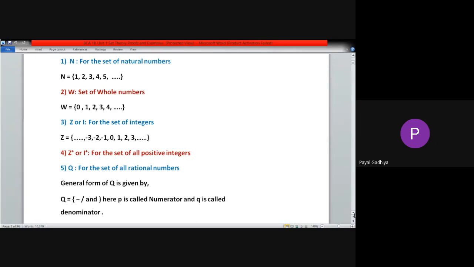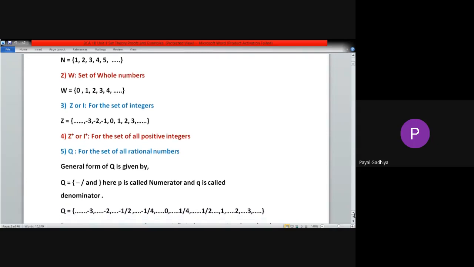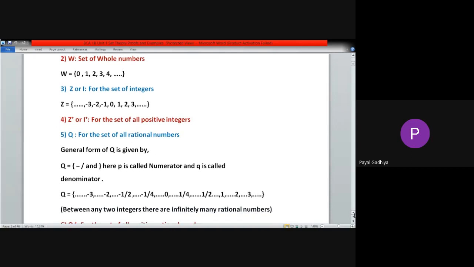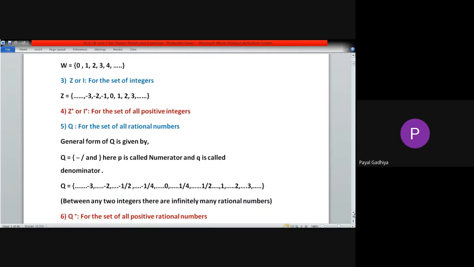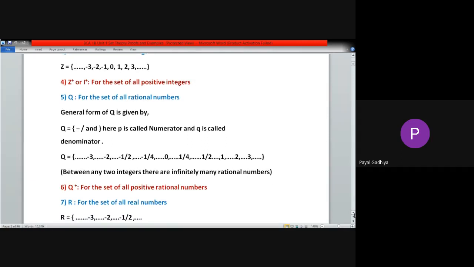Other sets also will contain 0, no? Also Z. Yes, rational numbers. And real numbers also, no? The real numbers contain every number: rational, irrational, integers. So it will be in real numbers also. The last one, all the real numbers.